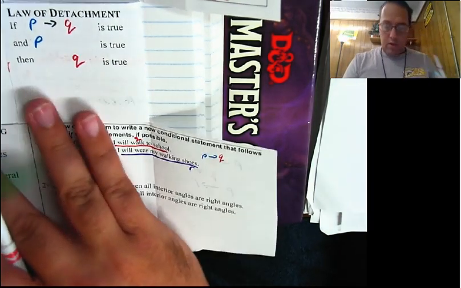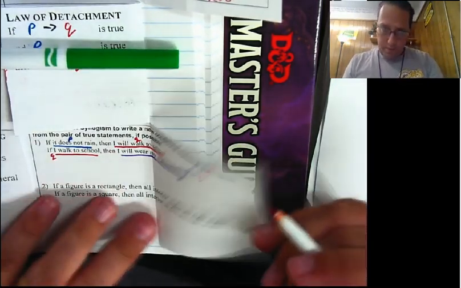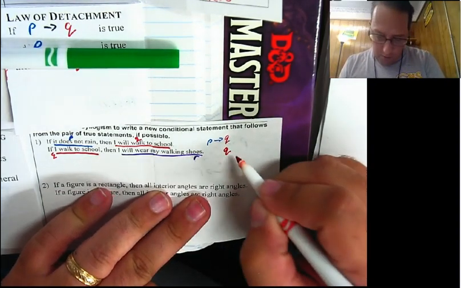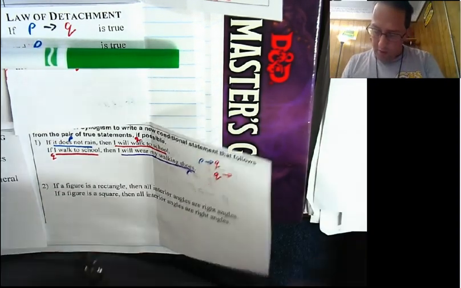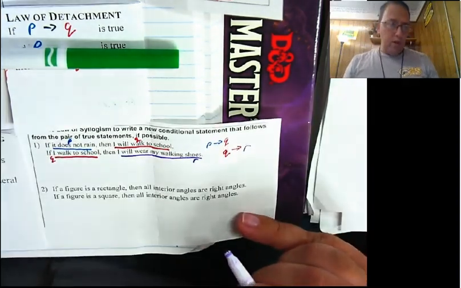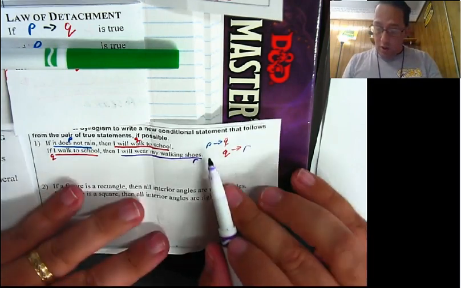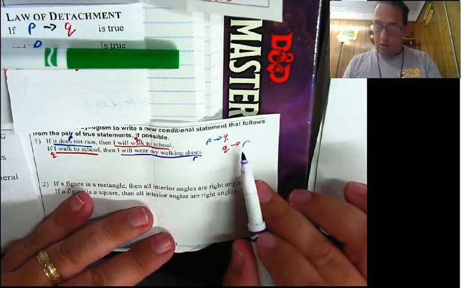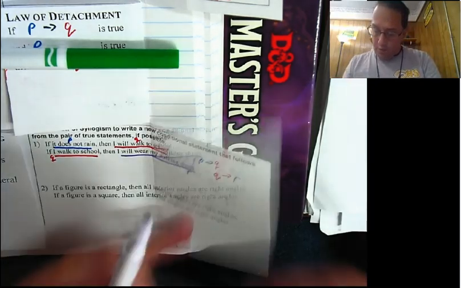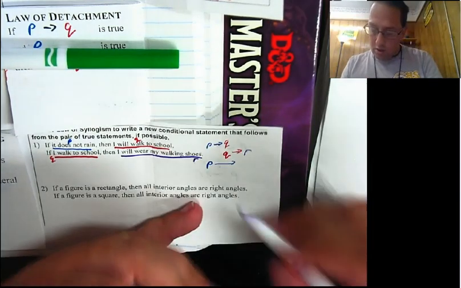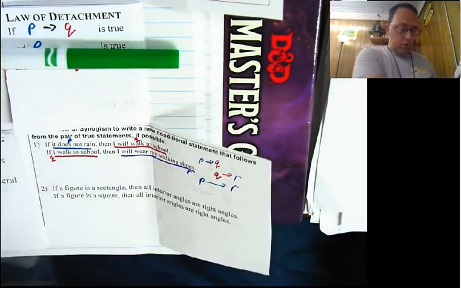So Q will line up under the Q. If Q, then R. And since that works, since these two are the same, they match up, then I can go straight from P to R. So I can say if P, then R.